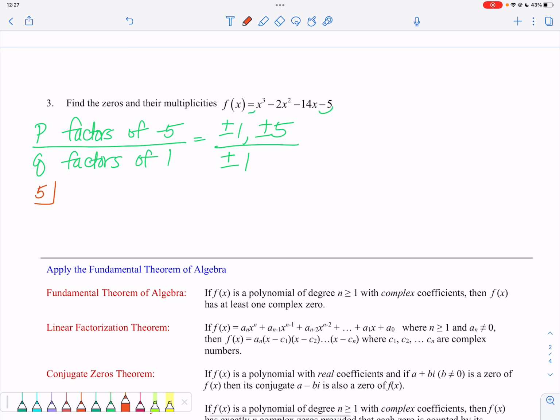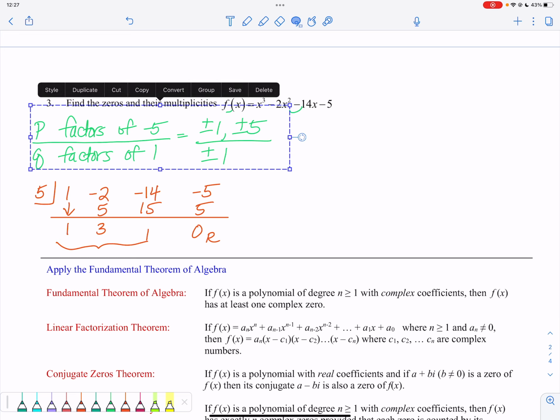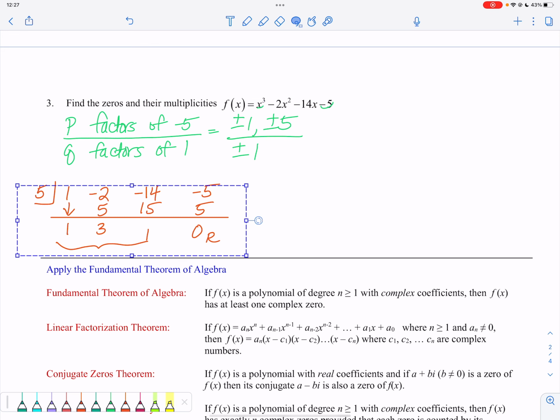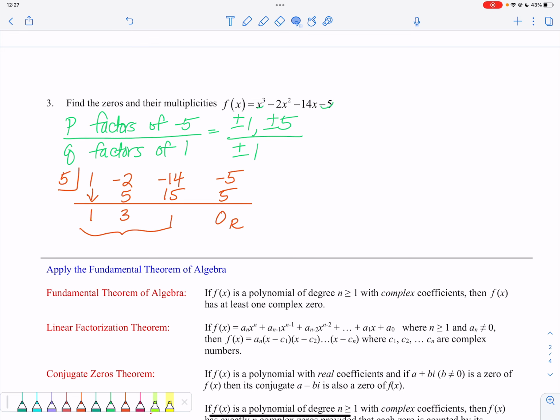So we'll put 5 in the box, and we have 1, negative 2, negative 14, and negative 5. And our remainder is 0. So what does this represent right here? What we have is x squared plus 3x plus 1.